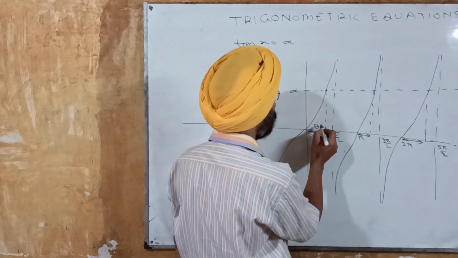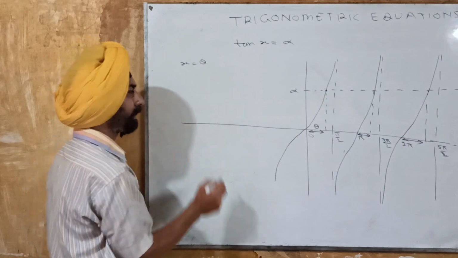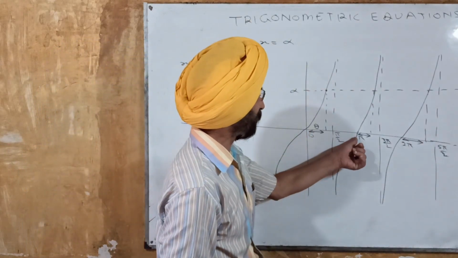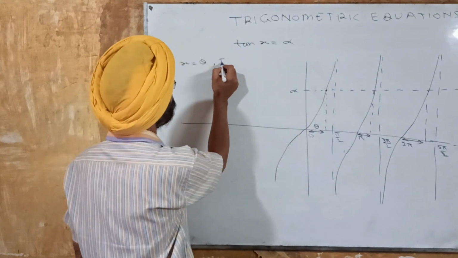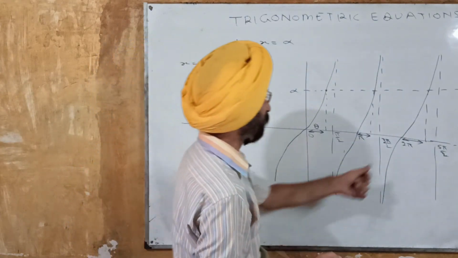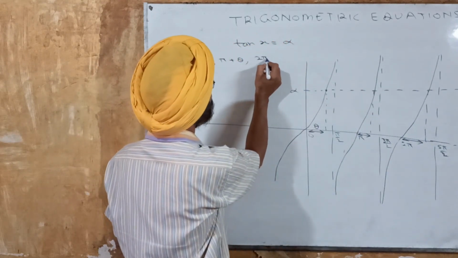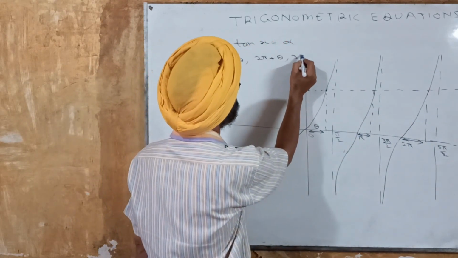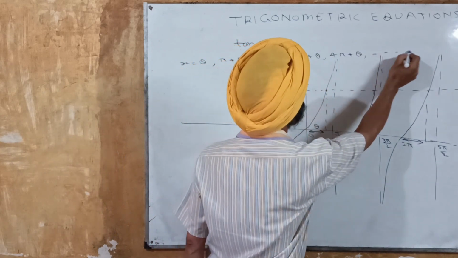So if it is theta, that means the first solution is x is equal to theta. Then this is theta, this is your pi, the next solution will be pi plus theta. The next will be 2 pi plus theta. And the next will be 3 pi plus theta, 4 pi plus theta, and so on.